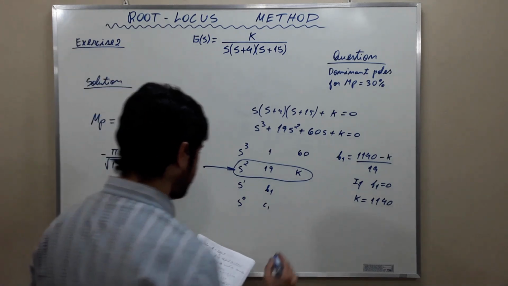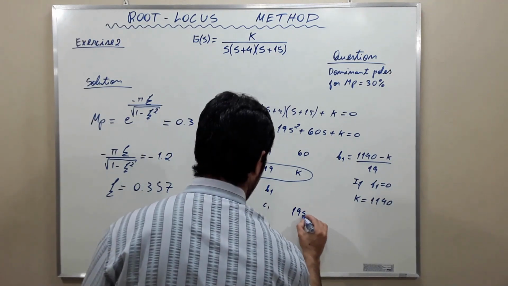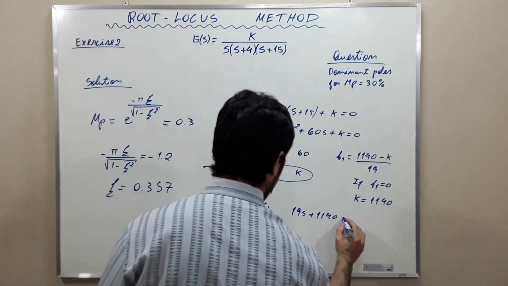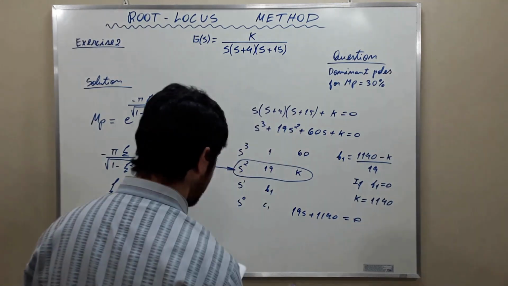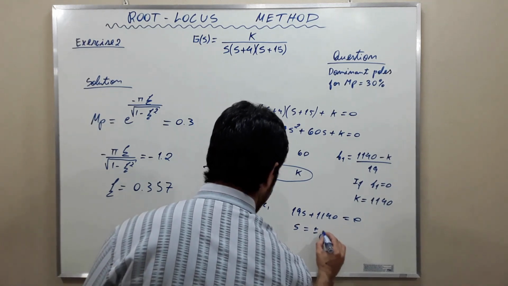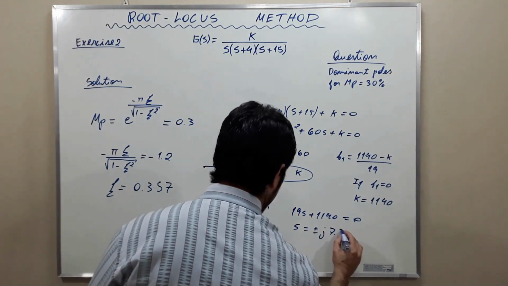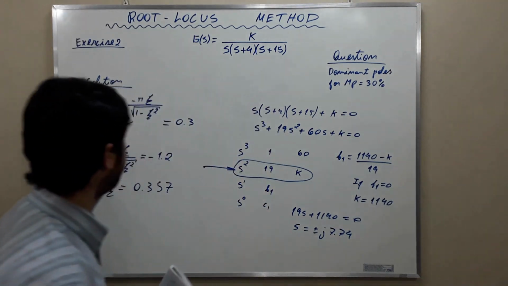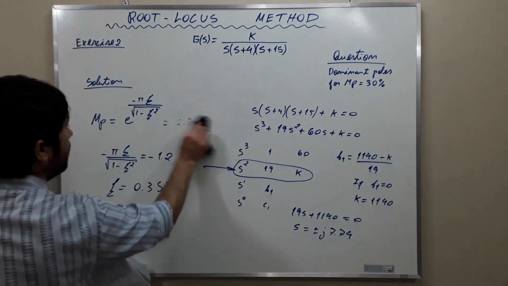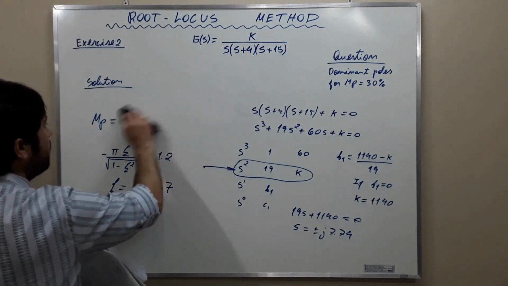19s squared plus 1140 equal to 0, where s is equal to plus minus j7.74. All right. I'm going to erase it here for more room.